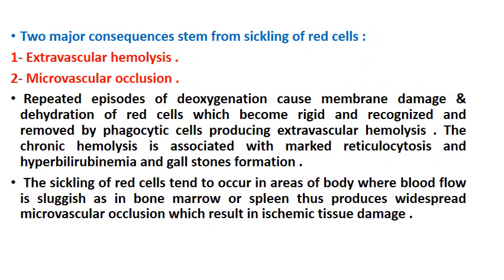There are two major consequences that stem from the sickling of red blood cells: extravascular hemolysis and microvascular occlusion. Repeated episodes of deoxygenation lead to damage to the membrane and dehydration of red blood cells, which become rigid, and are recognized and removed by the phagocytic cells, which leads to extravascular hemolysis.